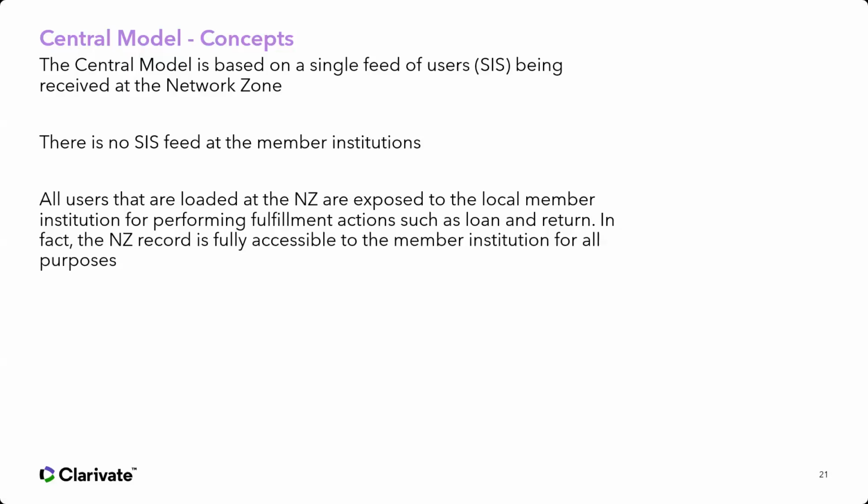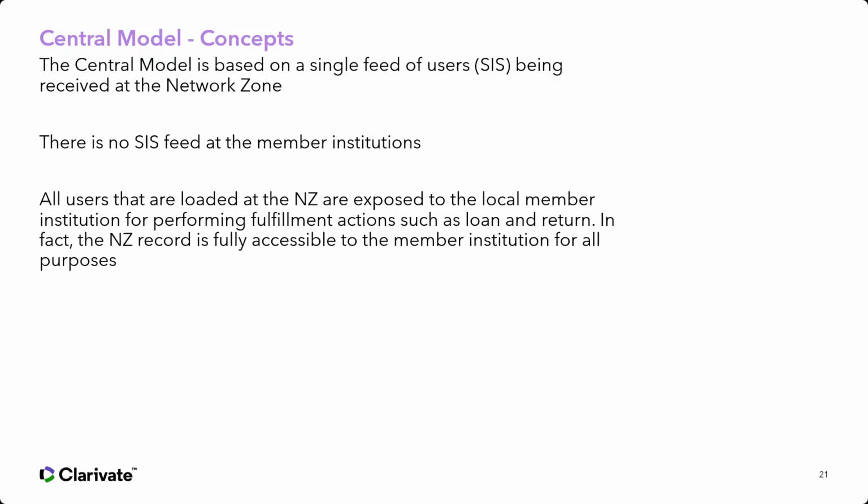So let's go on and talk a bit about this model. Okay, so in this model, we're talking about the network zone serving as the central repository for the user information, meaning there is one SIS feed in the entire network. So if you're a network of 40 institutions, you still use one SIS feed only, and that SIS feed is done at the network zone. No need for feeds at any of the other institutions.